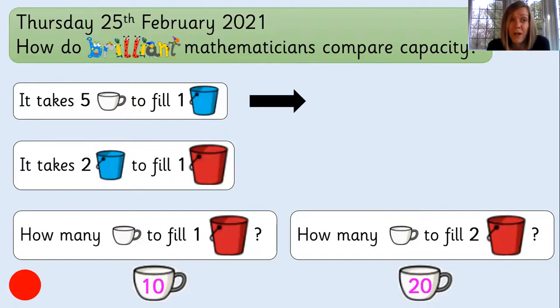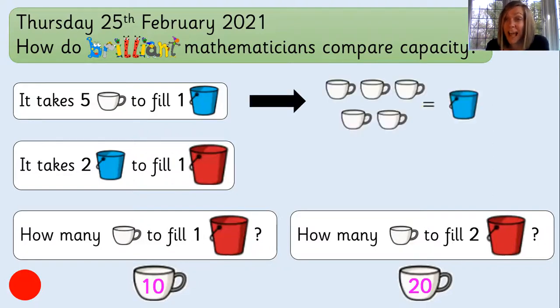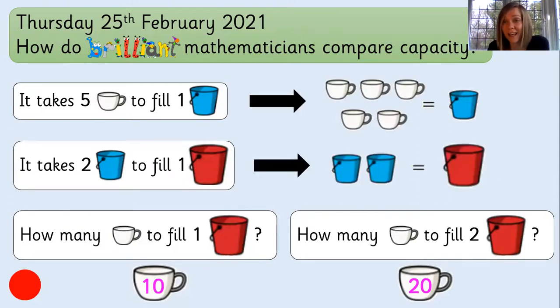So we know that 5 cups can fill a blue bucket. We know that 2 blue buckets can fill a red bucket. So I've snuck the answers on down here. If we know that there is 5 cups to fill a blue bucket, I know that 5 cups need to go in there.